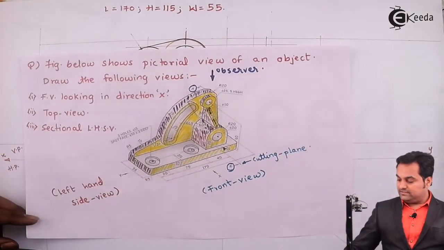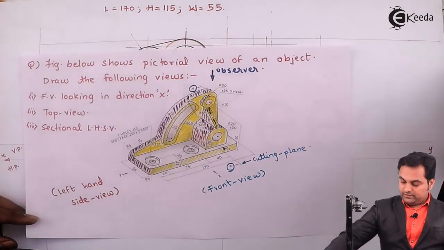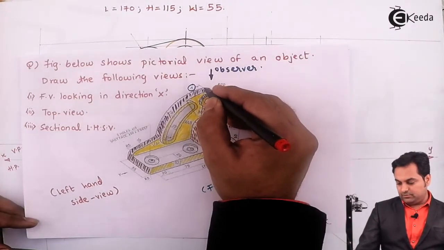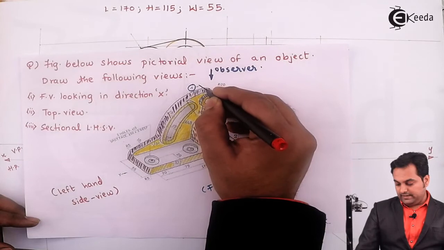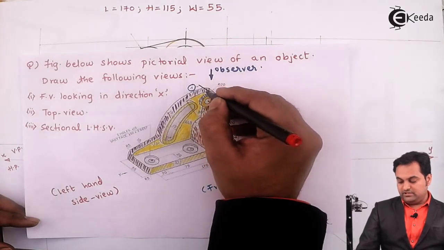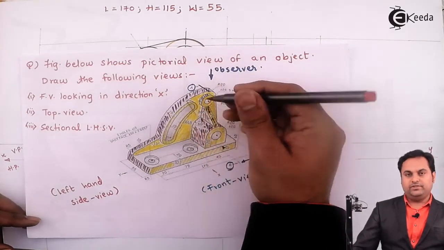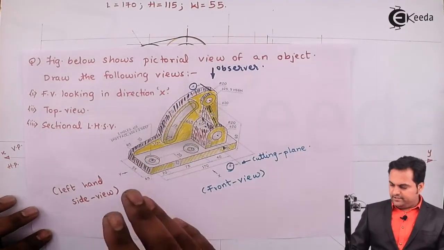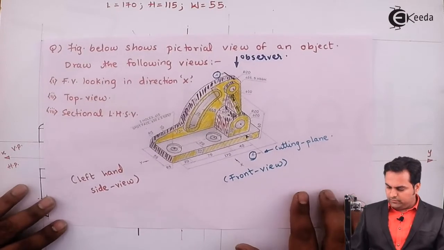So if we analyze this, when the cutting plane is passing through this line, it will cut this plate of 10 mm width. So here if we see, this plate is going to be cut, and I can draw roughly how it would look like.